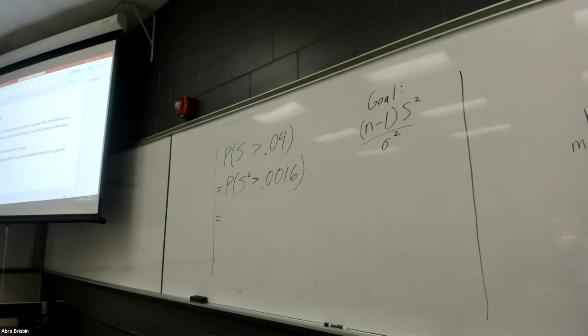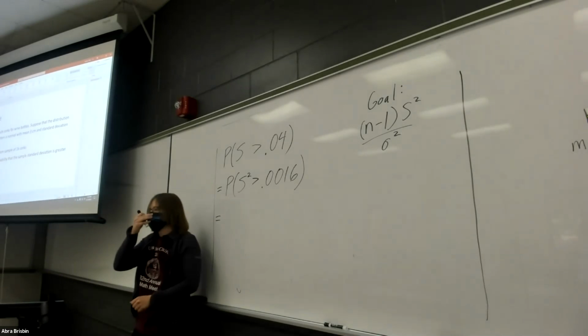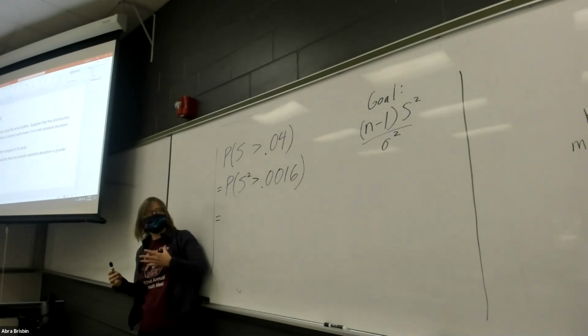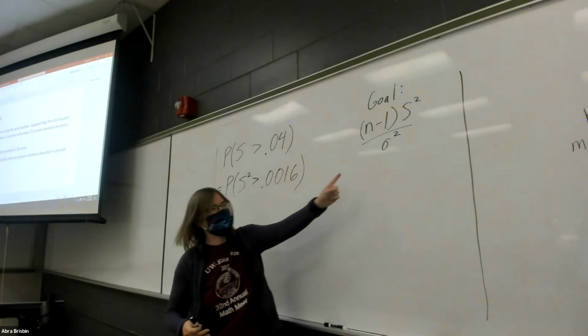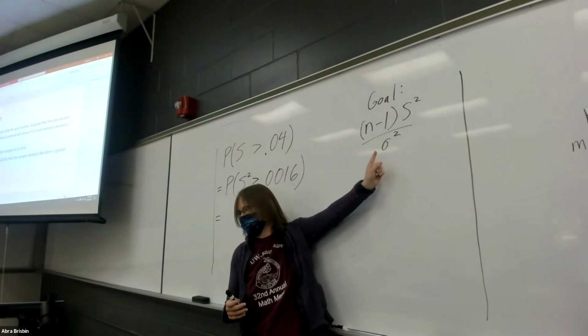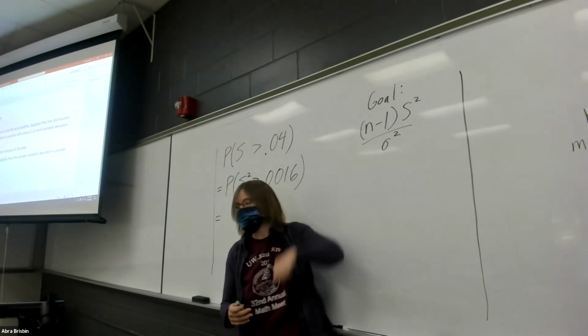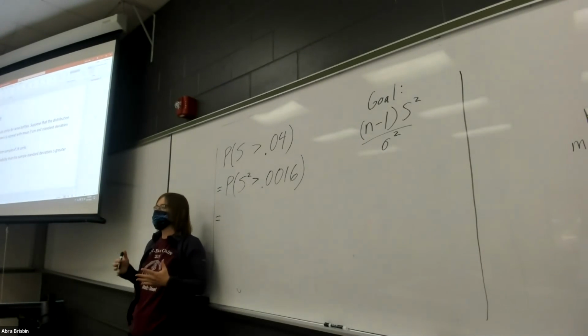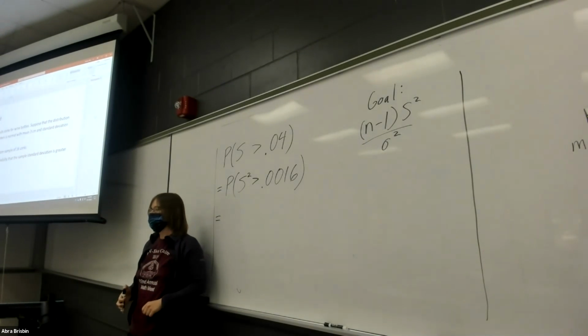My recommendation as you're doing this is to try to keep one side of the inequality all in terms of the random variable and the symbols representing known constants, so sigma and n, and try to keep the other side of the inequality just in terms of actual numbers. That'll help you communicate and organize your results.